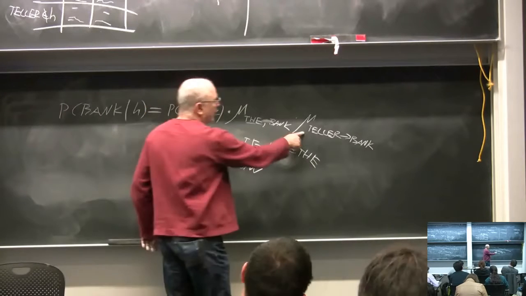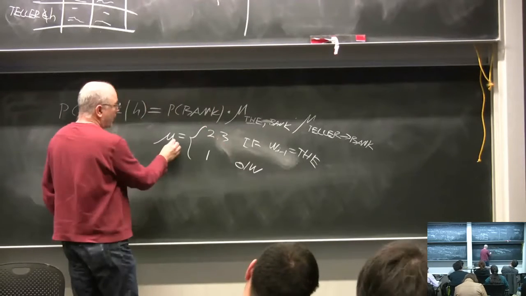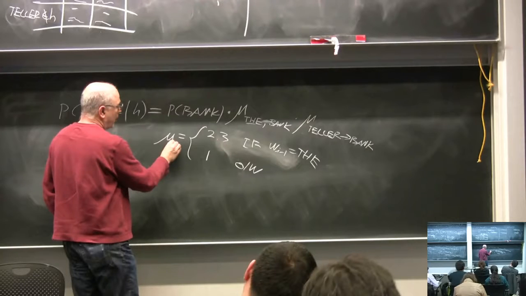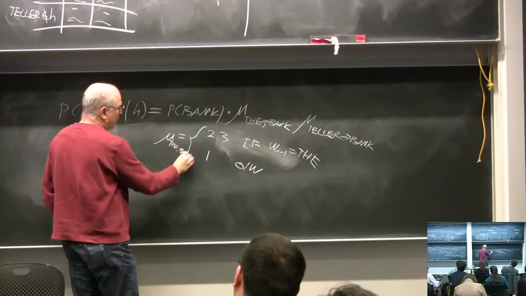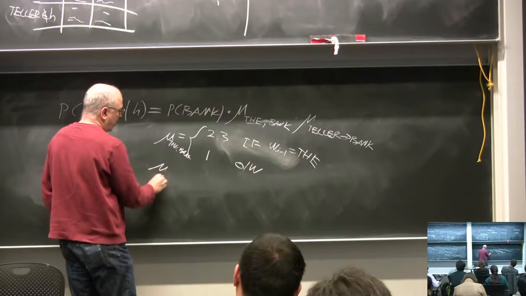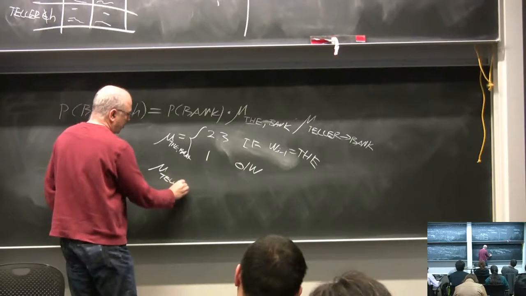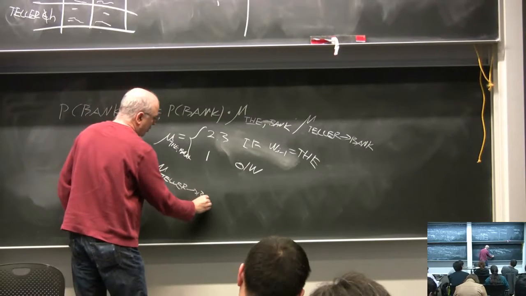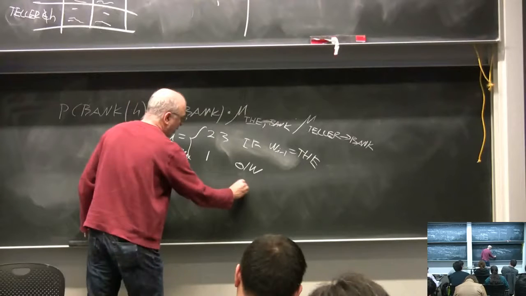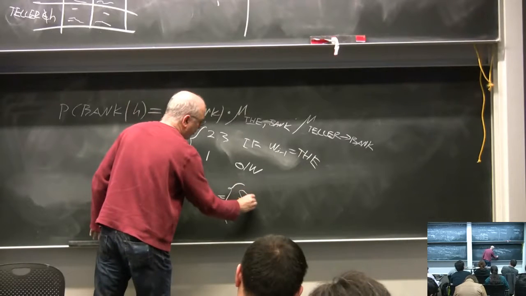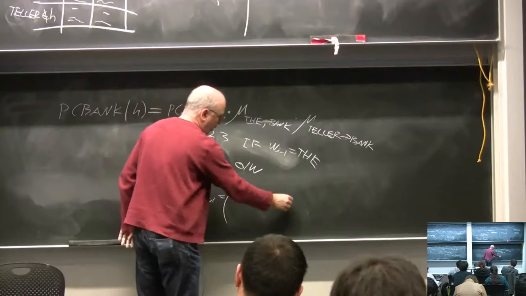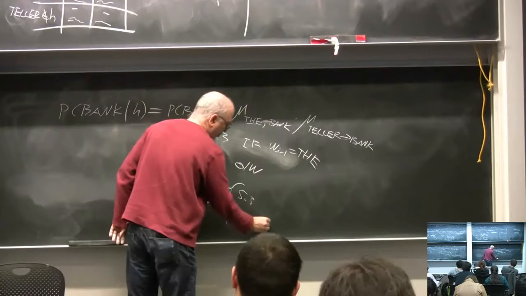And the same thing goes for this one. This is mu the-to-bank. This is mu teller-to-bank. And this might be 5 point something if teller was in the history and 1 otherwise.